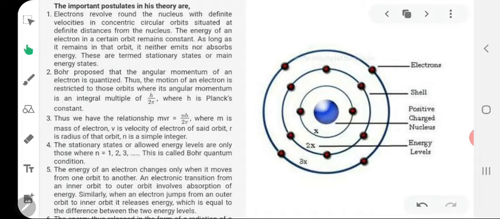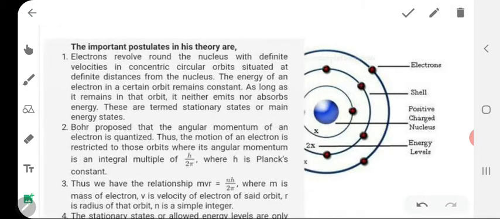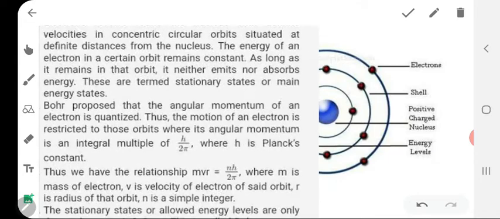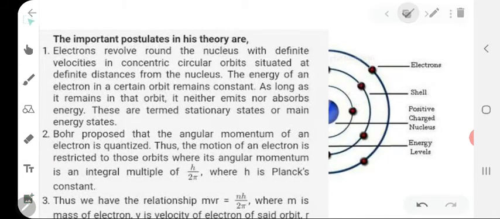In 1913, Niels Bohr gave a theory regarding the distribution of electrons in the extranuclear space in an atom. The important postulates of his theory: electrons revolve around the nucleus with definite velocities in concentric circular orbits situated at definite distances from the nucleus.